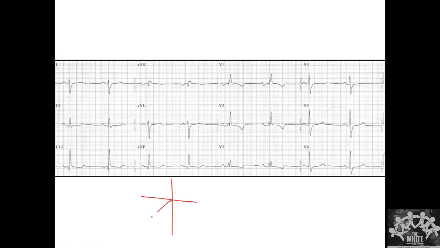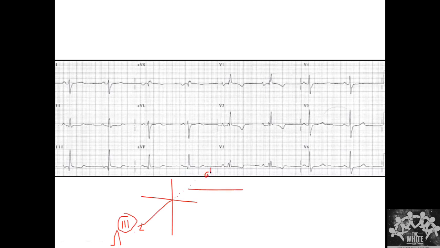So the axis is like this, which means the maximum is going to be in lead 3. A positive deflection will be maximum in lead 3. So if this is the case, where do you expect the maximum negative deflection? In which lead?